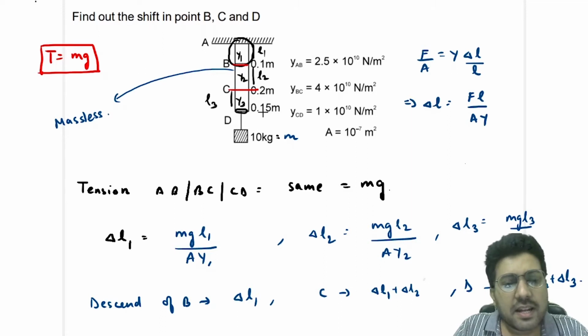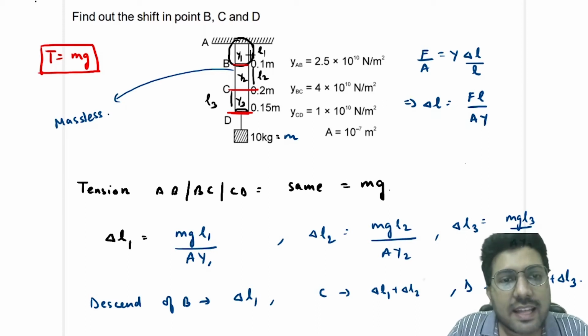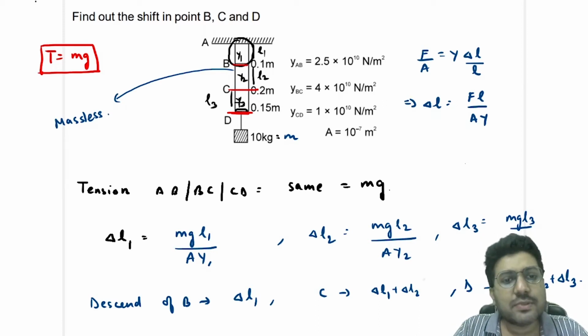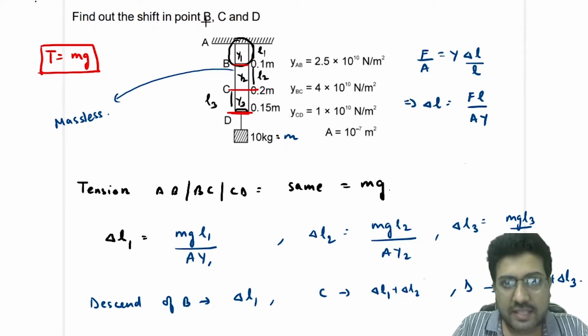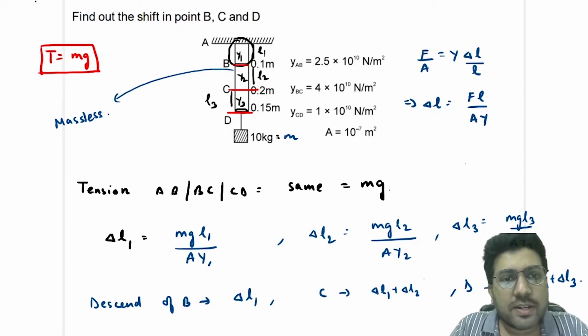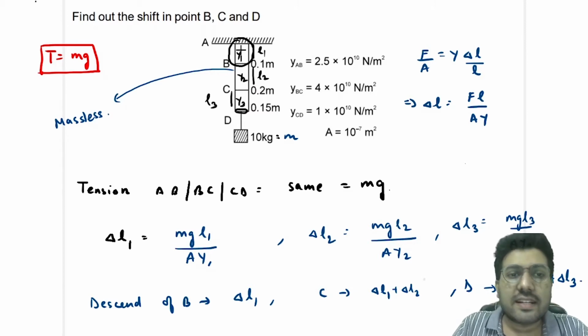Similarly, the end D is coming down, or descending, by delta L1 plus delta L2 plus delta L3. So the answer will be: the shift in position of B is delta L1, for C it is delta L1 plus delta L2, and for D it is delta L1 plus delta L2 plus delta L3.